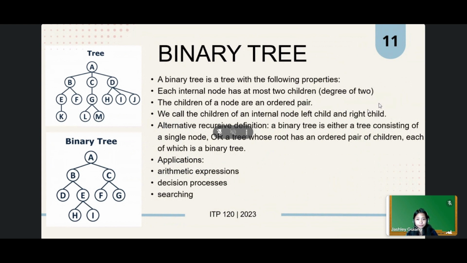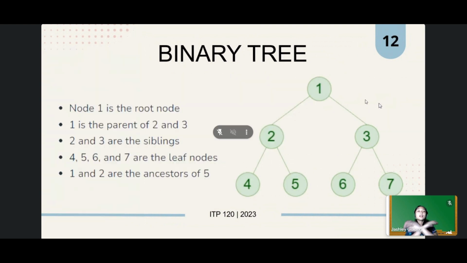A binary tree could also consist of a single node. So this is an example of a binary tree. Node 1 is the root because 1 has no parent, and 2 and 3 are siblings and children of root 1.